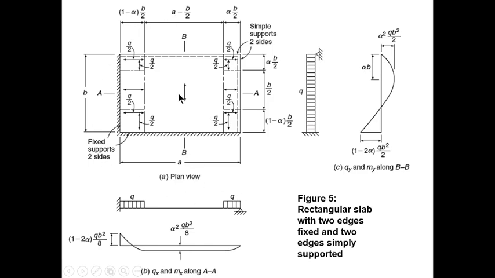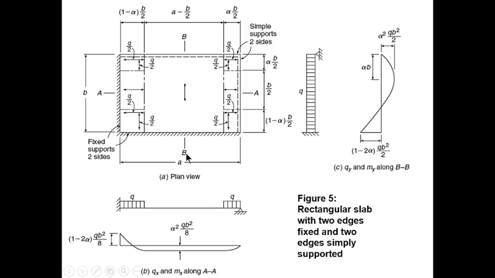If you take a section, let's say section AA, on the long edge, this is the load you're going to have. You're going to have this support moment, which if you calculate, this is what you will have. You're going to have this span moment.